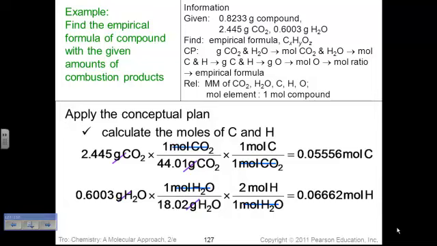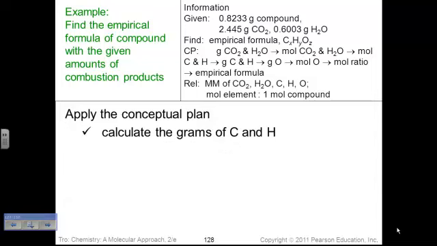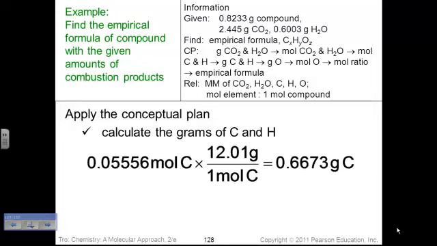We need to get those back to grams. So I'm going to simply take each mole number and multiply by its atomic weight. So the moles we just recorded now multiplied by its atomic weight. Mole times formula weight gives us 0.6673 grams of carbon.